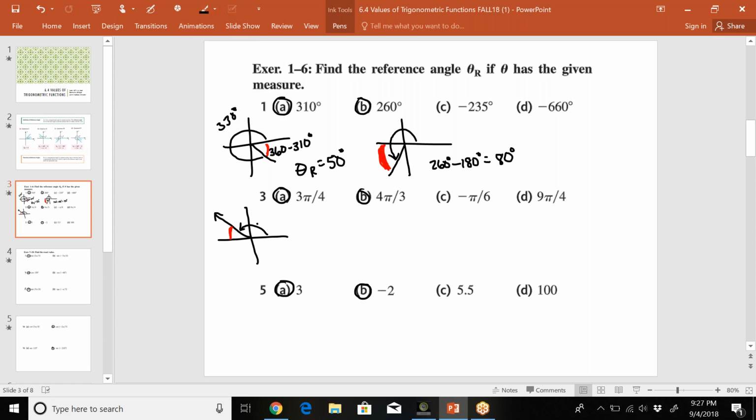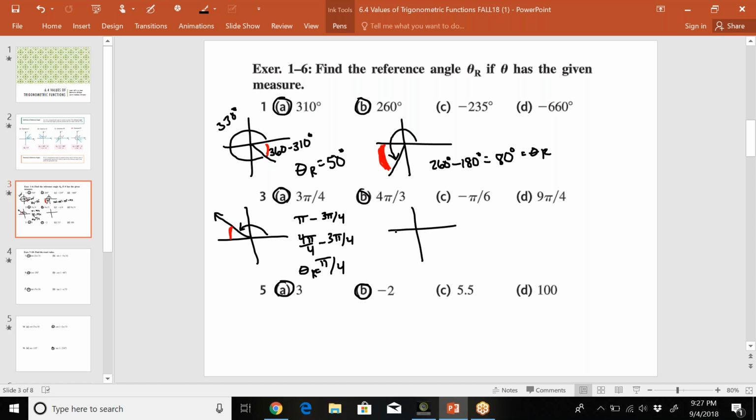So remember, all the way across is pi, so we're doing pi minus the 3 pi over 4, which if you make that 4 pi over 4, so it has a common denominator, you'll notice that it is just a pi over 4 angle. So my theta reference angle.